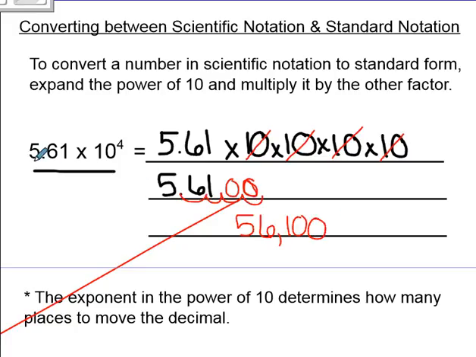So if I take 5 and 61/100ths times 10 to the 4th power, and I convert that into standard form, it's 56,100. So I can really see down here it says the exponent in the power of 10, that's this 4 right here, determines how many places to move the decimal.